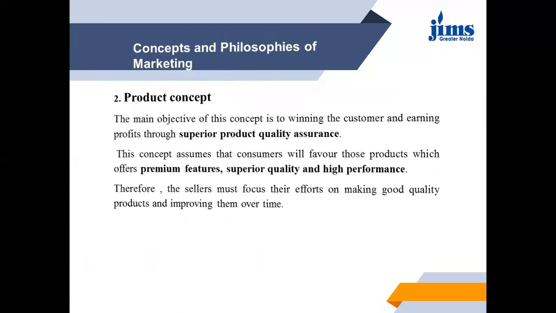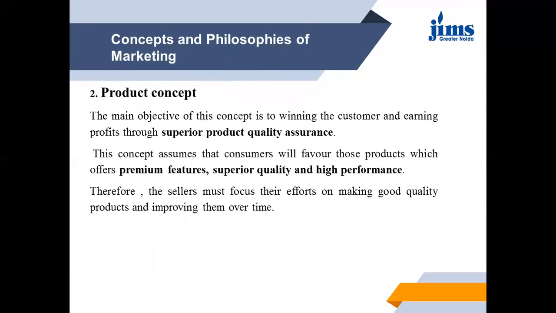The second traditional concept is the product concept. This is in little contrast with the first one, the production concept. The product concept talks about improving the features, quality, and performance of the product.